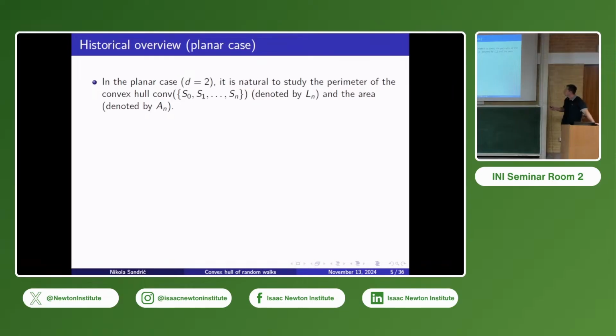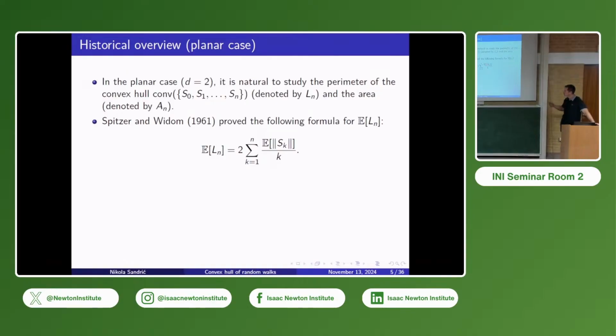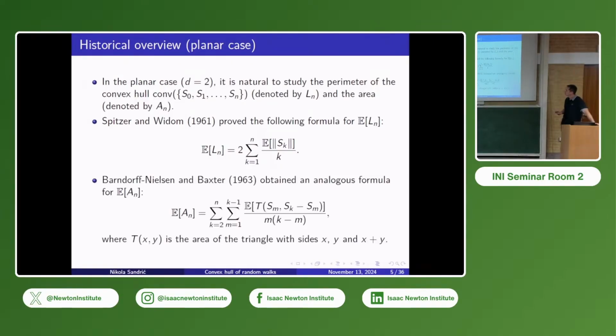The first result in this direction is due to Spitzer and Widom from 1961, and they derived a very nice formula for the expected value of the perimeter, which is given in terms of the walk itself. This formula can be very useful when one wants to study limit theorems of this object. A similar formula for the area was derived by Barndorff-Nielsen and Baxter 2 years later.